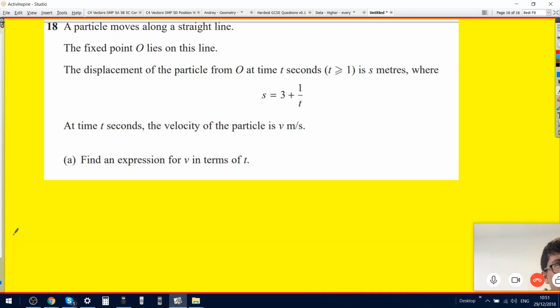The displacement of the particle from the fixed point, for t greater than or equal to 1, is s meters, where s is 3 plus 1 over t.